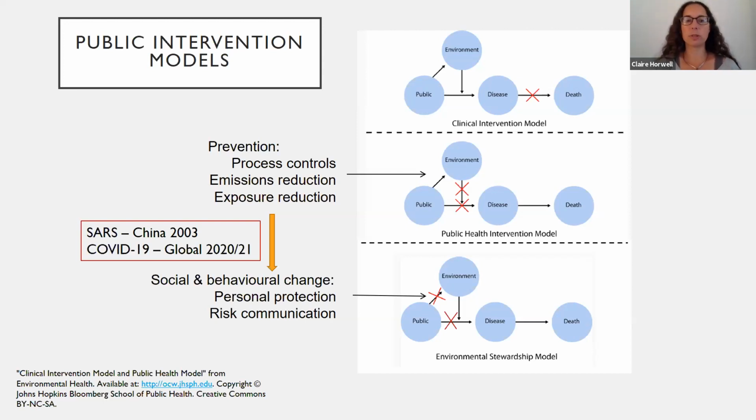And now, of course, with the global pandemic with COVID-19, we are starting to see the normalization of respiratory protection around the world. And it will be interesting to see whether this means that people will start to now use respiratory protection more to protect themselves from air pollution. So this is about personal behavior change, but it's also about risk communication. So it's about governments trying to change behavior by communicating the risk to the public.